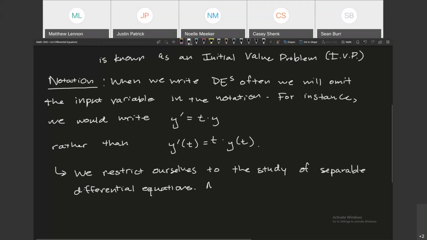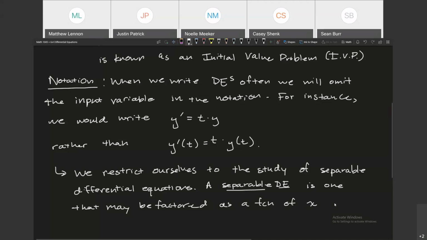A separable differential equation is one that may be factored as a function of x times a function of y, or any two variables that may be separated in that manner.